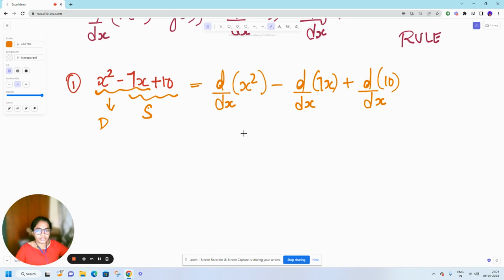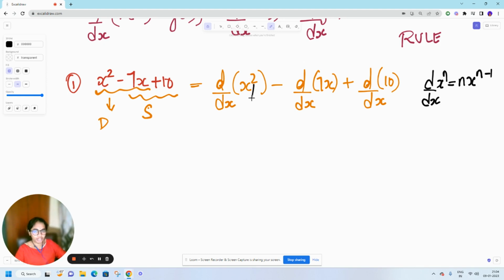Now what is d by dx of x square? Apply the formula d by dx of x to the power n is equal to n x to the power n minus 1.